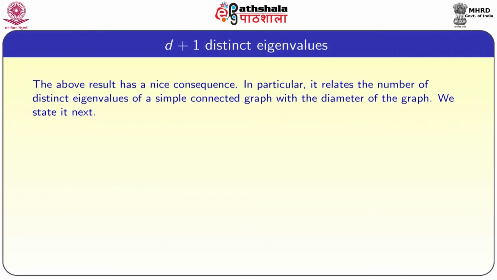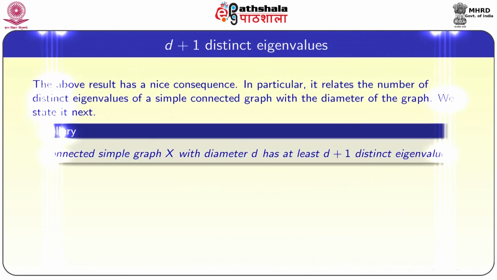Now, we will prove that the adjacency matrix has at least d plus 1 distinct eigenvalues, whenever d is the diameter of the graph. The above result has a nice consequence. In particular, it relates the number of distinct eigenvalues of a simple connected graph to the diameter of the graph, which we state here as a corollary.